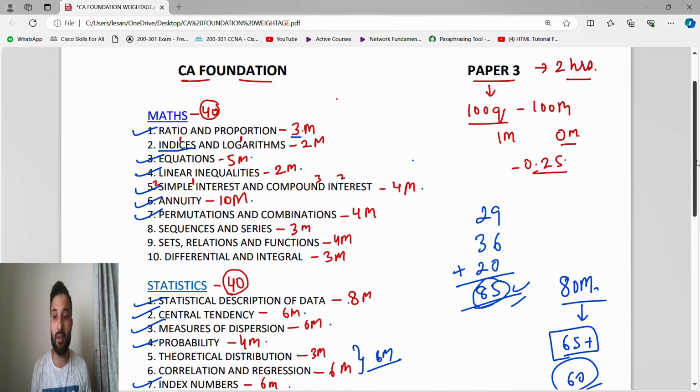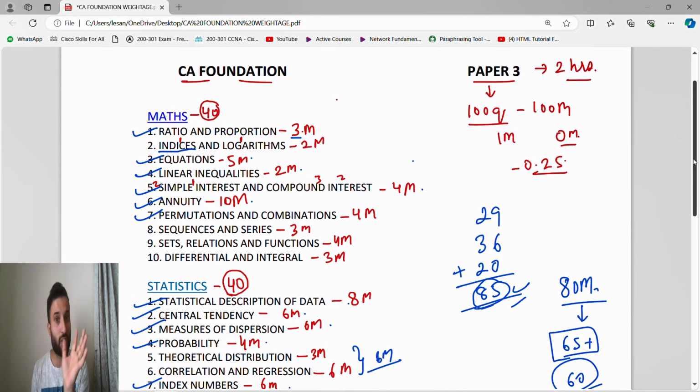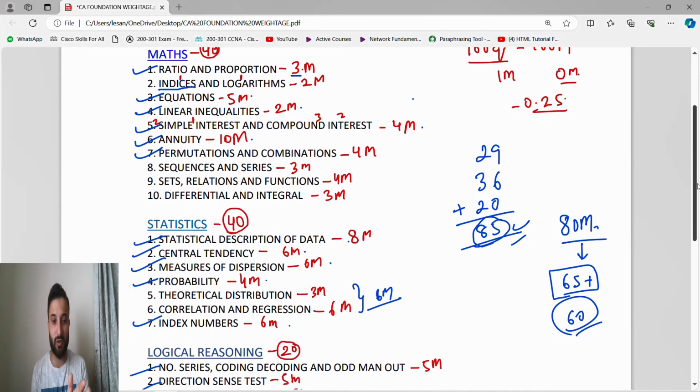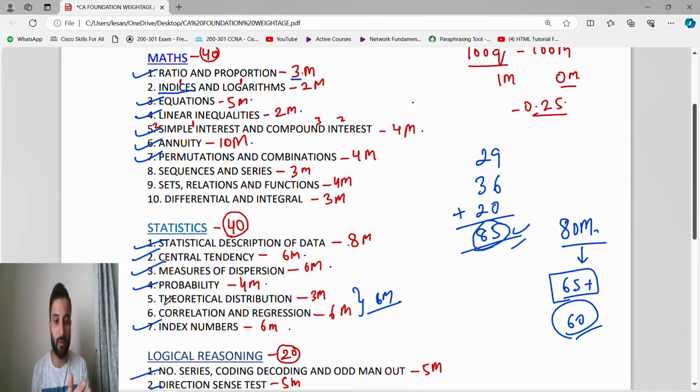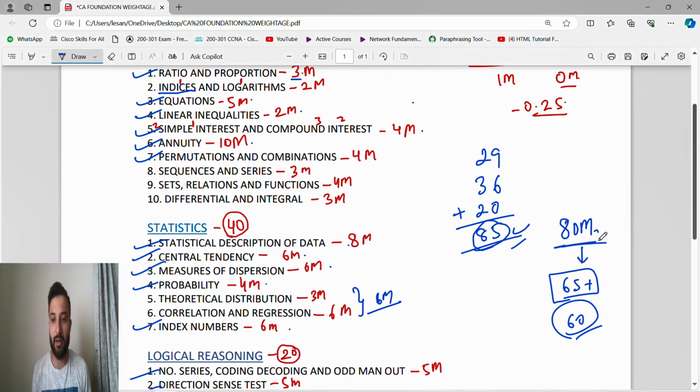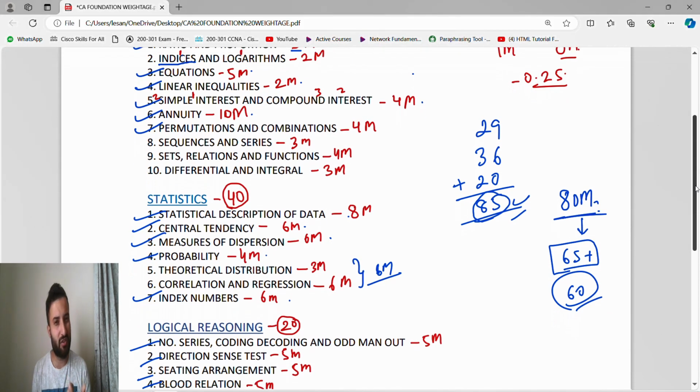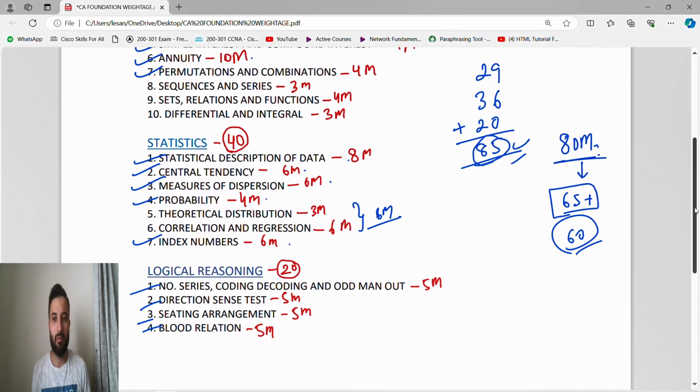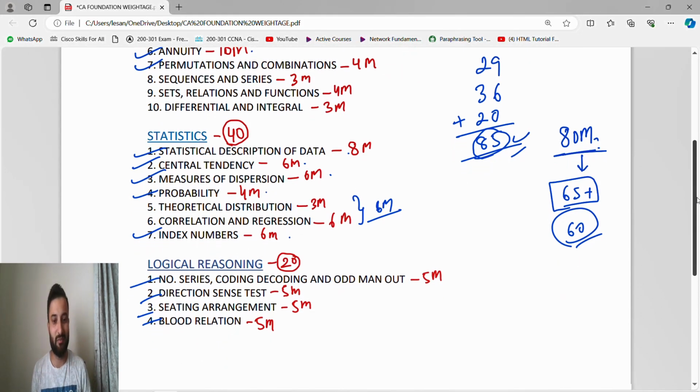The very important thing is to keep in mind that these are the first priority chapters. Theoretical distribution, correlation, regression, you keep aside. Still you have 80 marks. If you do 80 marks, you will reach around 65 plus, or at least 60. If you do 80, you won't fail. You will easily cross the passing marks.